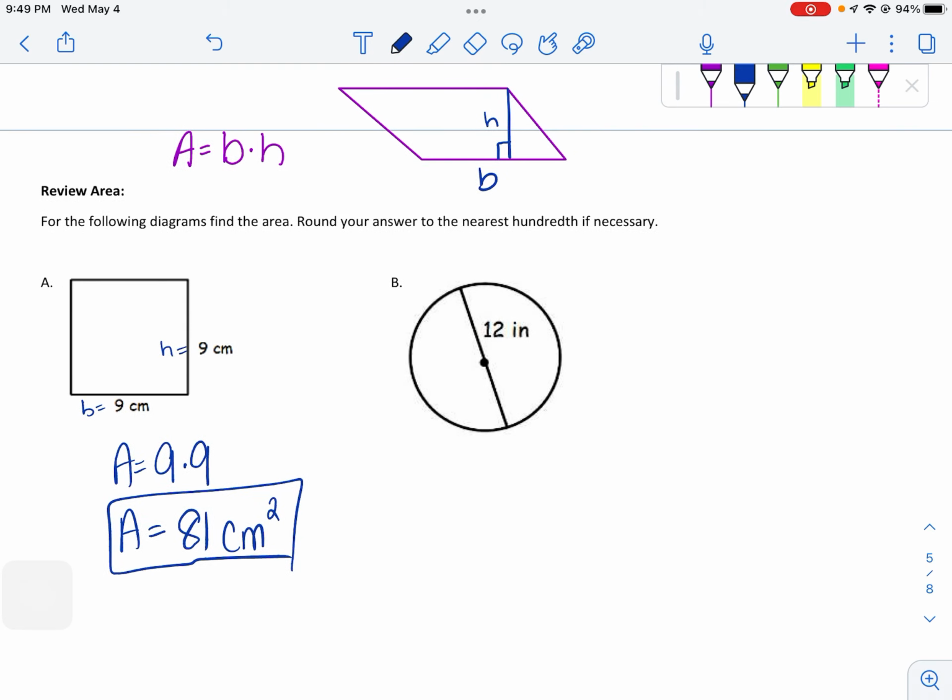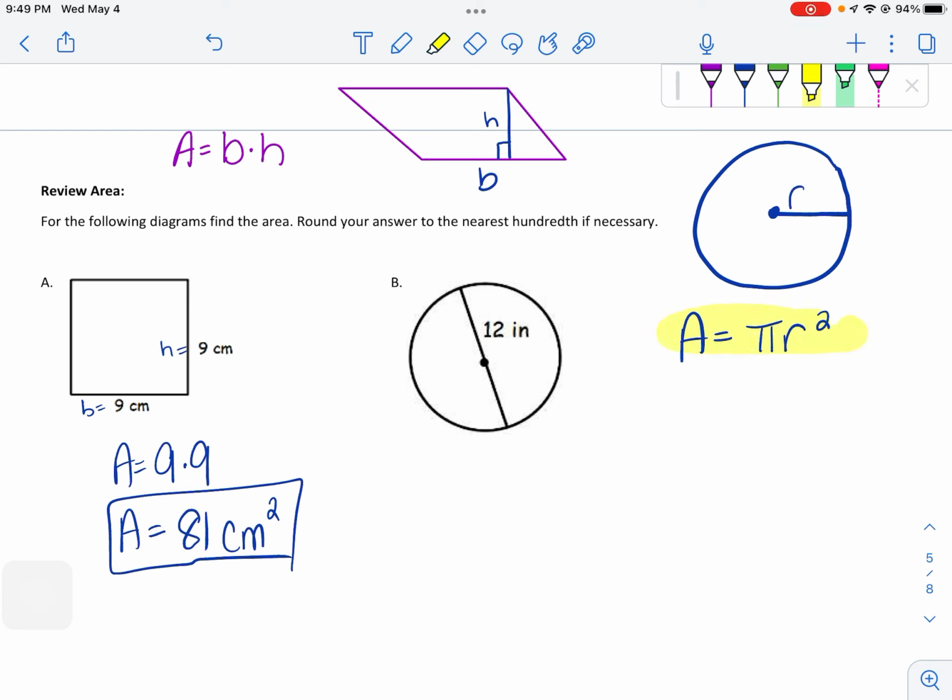Okay. For a circle, the area of a circle is given by the formula area equals pi r squared, where r is specifically the radius. Now, unlike circumference, area of a circle only has one formula.